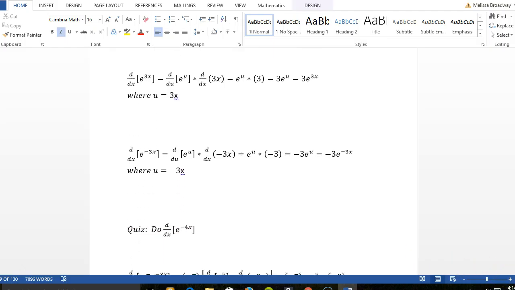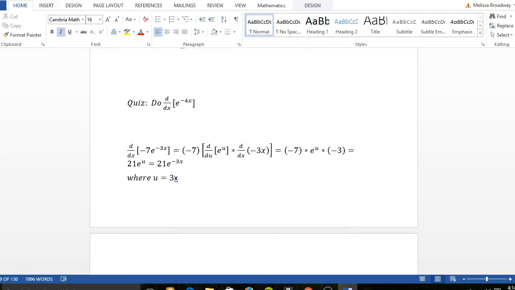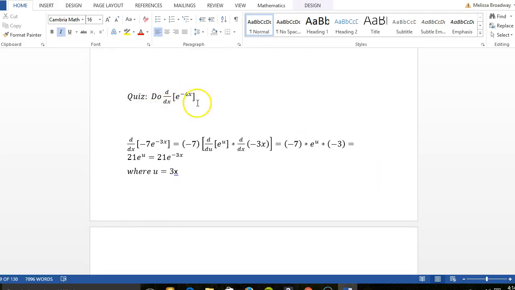Okay. And you can do this one in a similar fashion. Now, I'm going to do both. Let's say I put a negative 7 here and a negative 3 here. The negative 7 is just a yank out. You do negative 7 times the chain rule. The negative 7, we're going to leave him out in the code until the end.